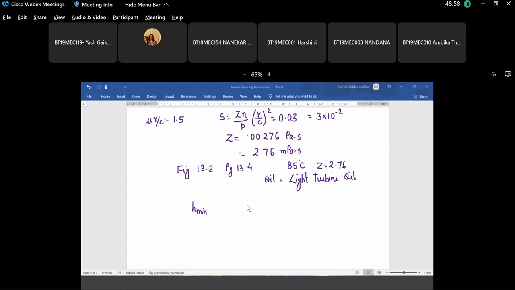For L by D known, we'll refer to the graph of H minimum by C versus Sommerfeld number, the graph given on page number 136, figure 15.5.